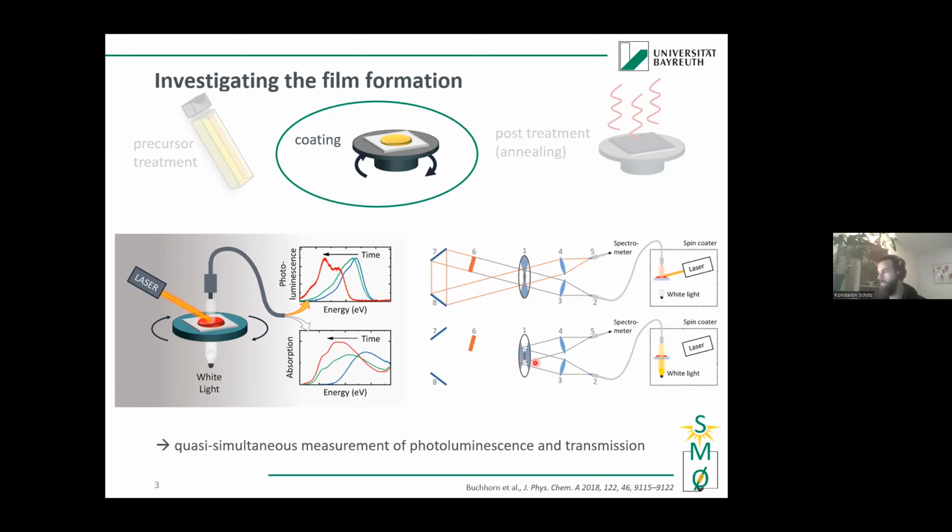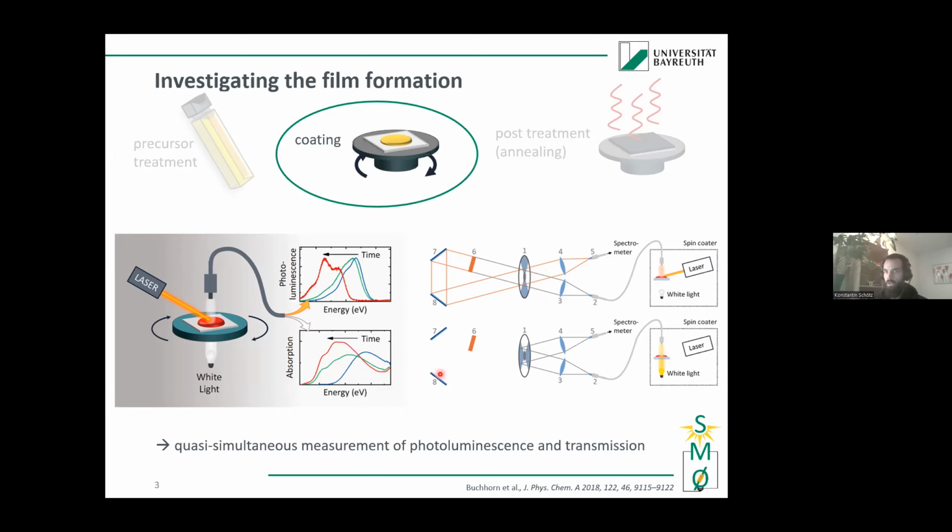This chopper wheel is in such a position that the white light is reflected to the spectrometer directly without this extra beam path. So by synchronizing laser, white light, chopper wheel, and our detector, which is a CCD camera with a spectrograph, we are able to record absorption and PL frame by frame with a frequency of about 11 Hertz.